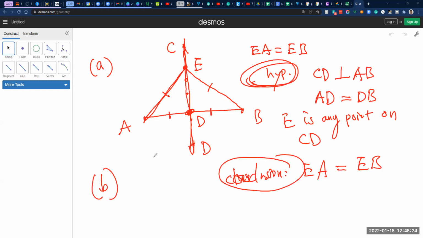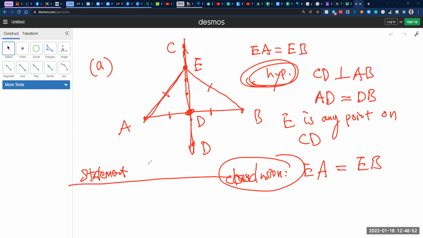So we got the hypothesis and the conclusion. And based on the congruency of triangles, we need to find out, okay, so we go into the statements.